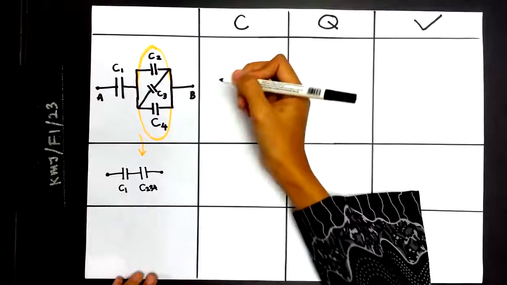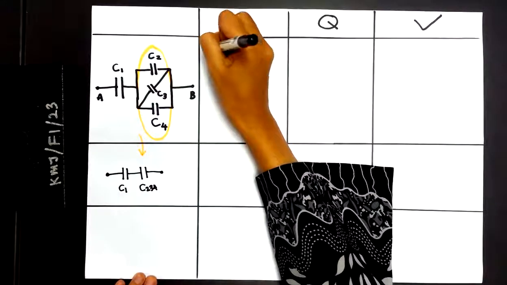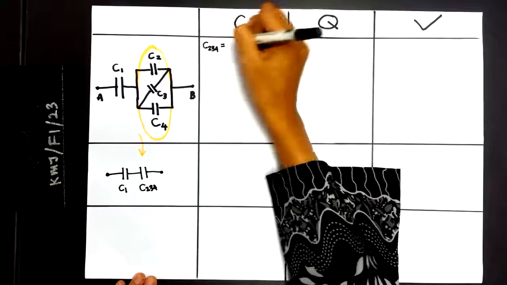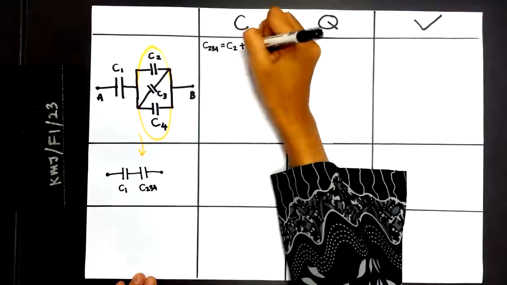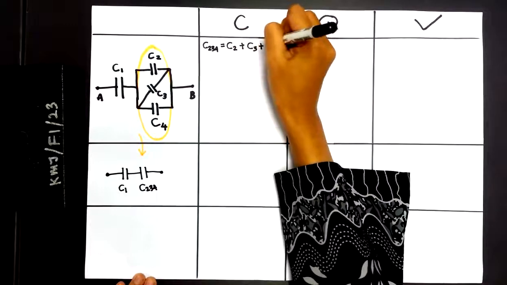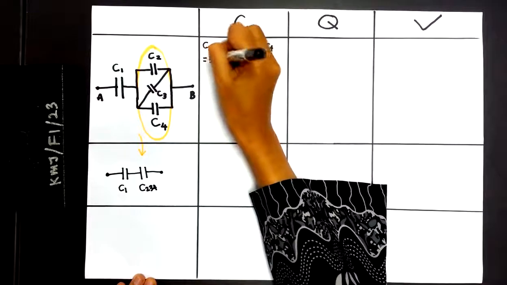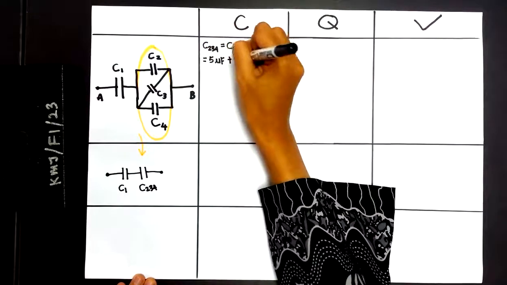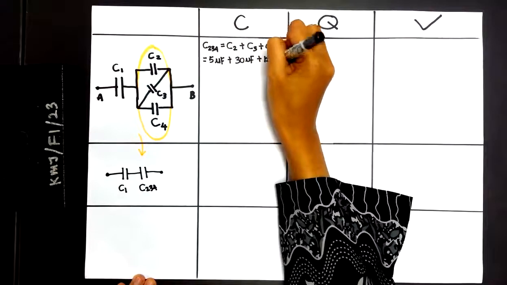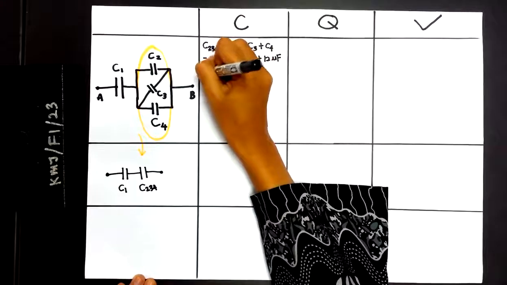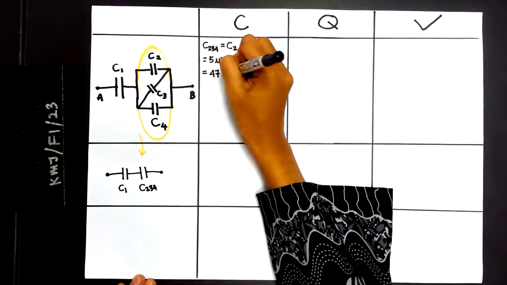To calculate the effective capacitance for the parallel combination, we have to use the total capacitance in parallel, C2 plus C3 plus C4. Next, substitute all the values, and we will get the effective capacitance for the parallel combination equals 47 microfarad.